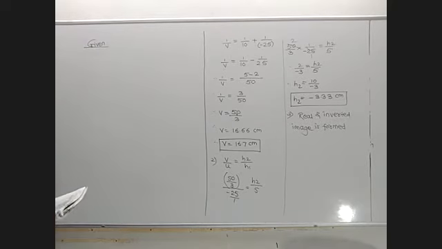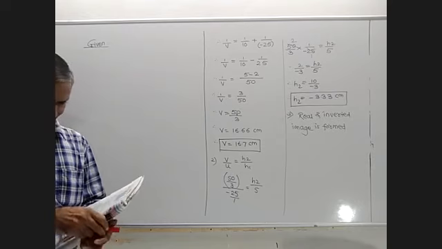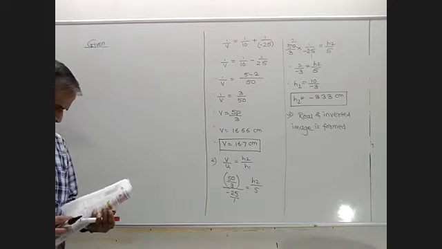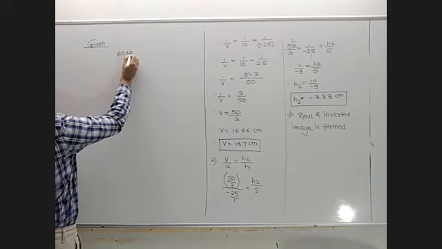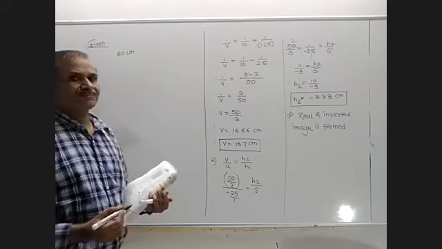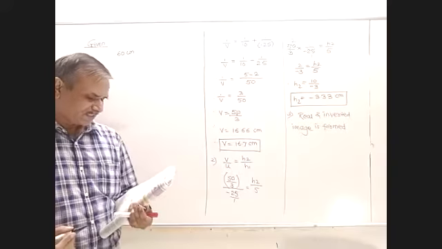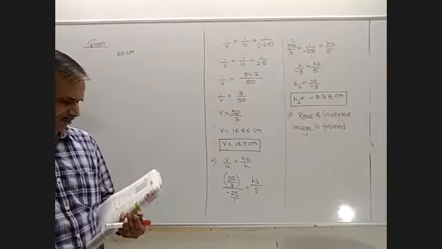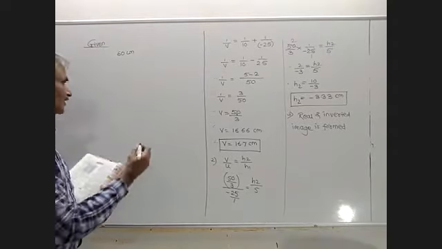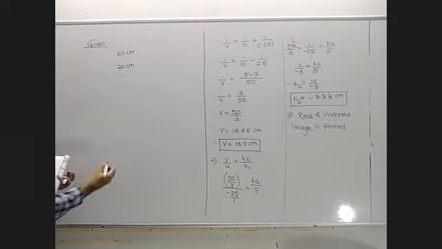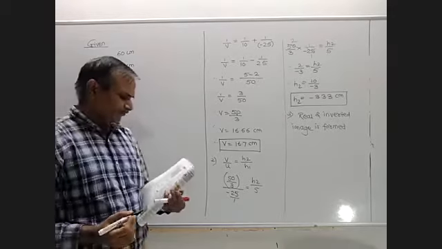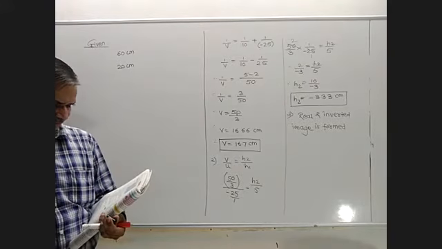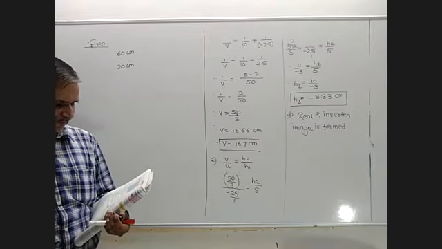Next problem. An object kept 60 centimeter from a lens gives a virtual image 20 centimeter in front of the lens.